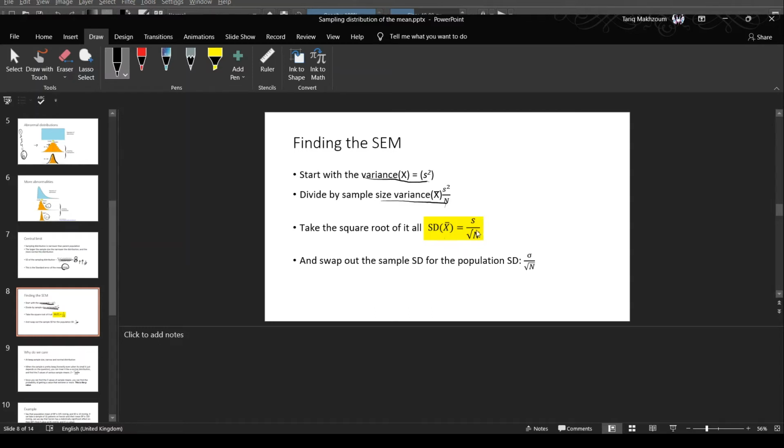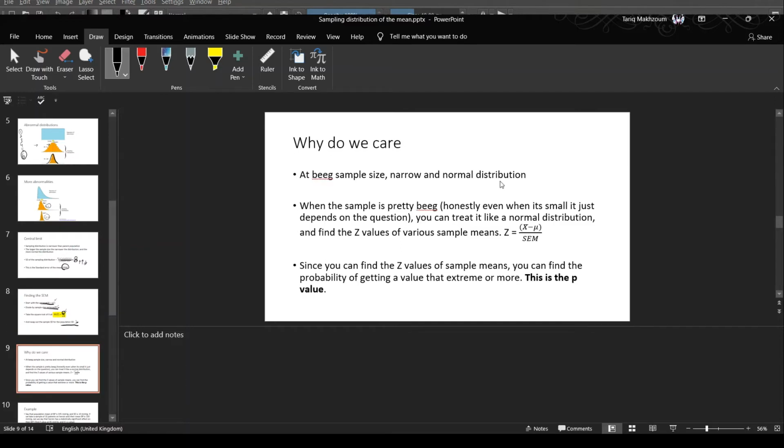After that, we take the square root to convert variance into standard deviation, right? And if you know the standard deviation of the population, you can replace this standard deviation with the population standard deviation. You don't actually have to know all of this calculation. All that you need to keep in mind is that standard error of the mean is the population standard deviation divided by the square root of the sample size, right?